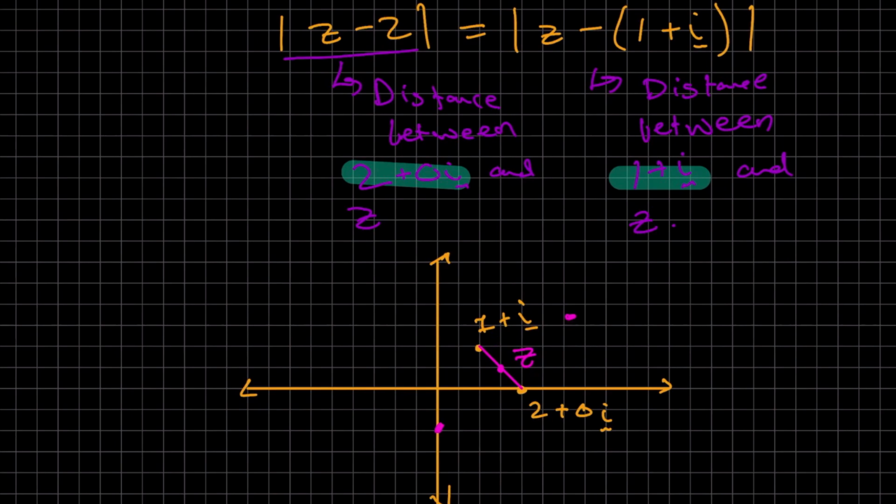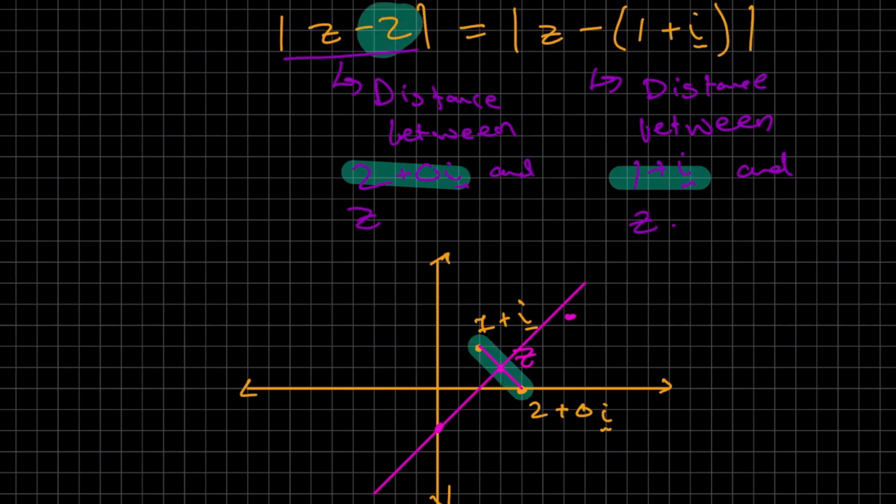So if I were to clean this up a little bit, we have a rough idea that our graph, or this subset of the complex plane, will be a straight line perpendicular to the line connecting 1 plus i and 2 plus 0i.